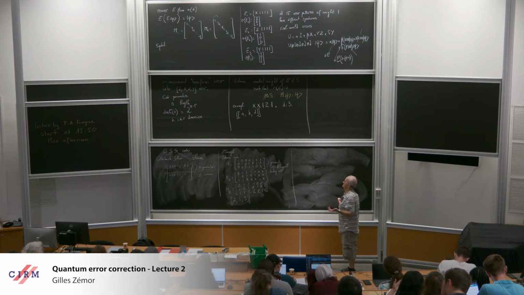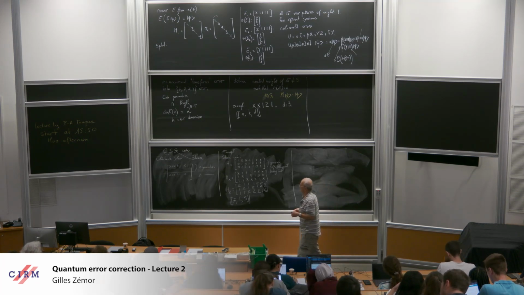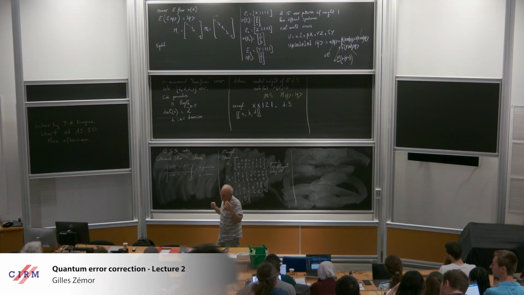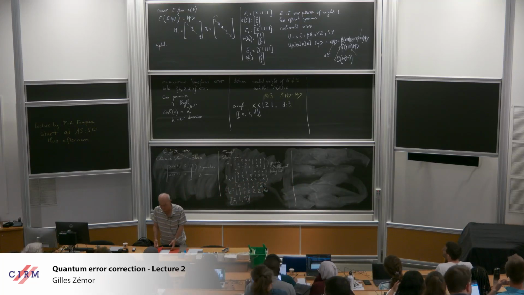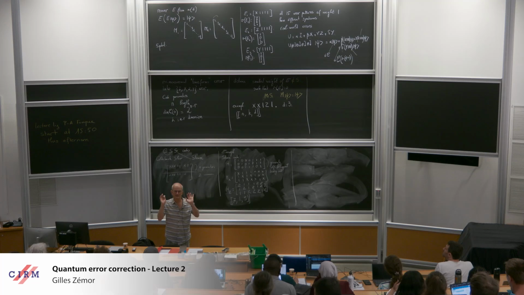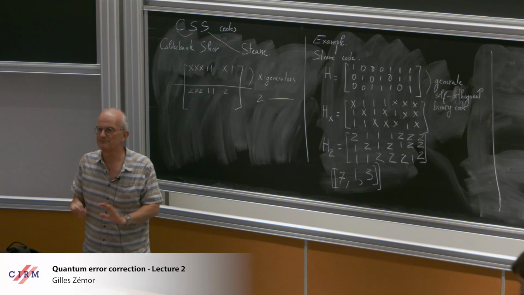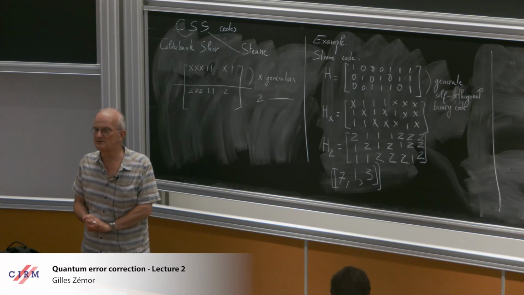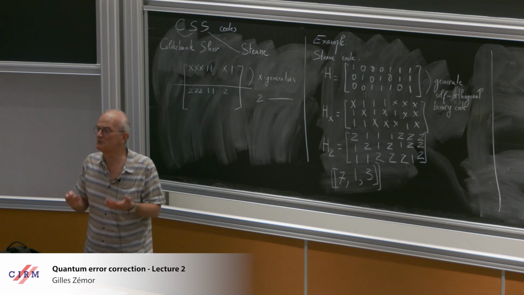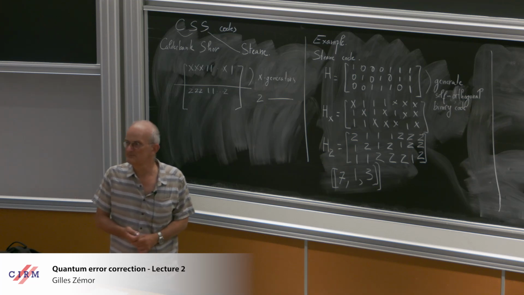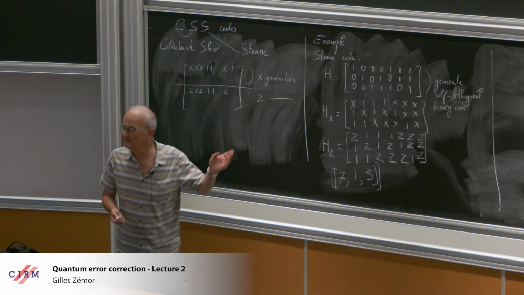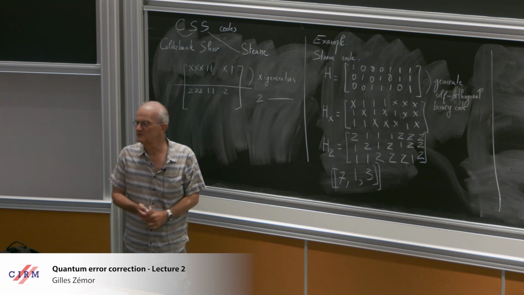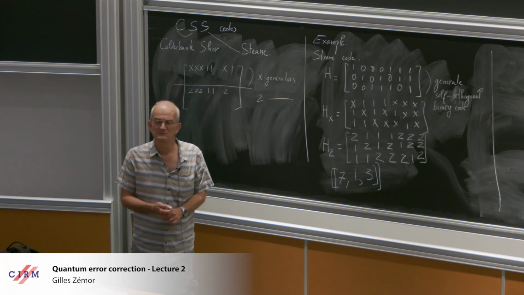So CSS codes, in pure parameter terms, may be worse than stabilizer codes. You can improve upon CSS codes with more general stabilizer codes, as the Steane code and the 5-qubit code examples show.